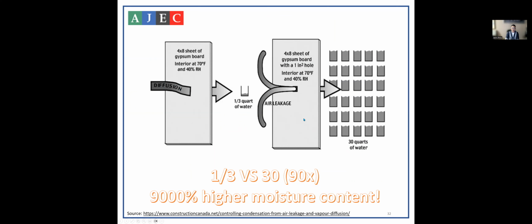So what this diagram is saying is that in one heating season with a hole that is 1 inch square, through air leakage versus vapor diffusion, it would collect 30 quarts of water compared to a 1/3 quart of water. That's 90 times more. And if you express this as a percentage, that is 9,000% higher moisture content.